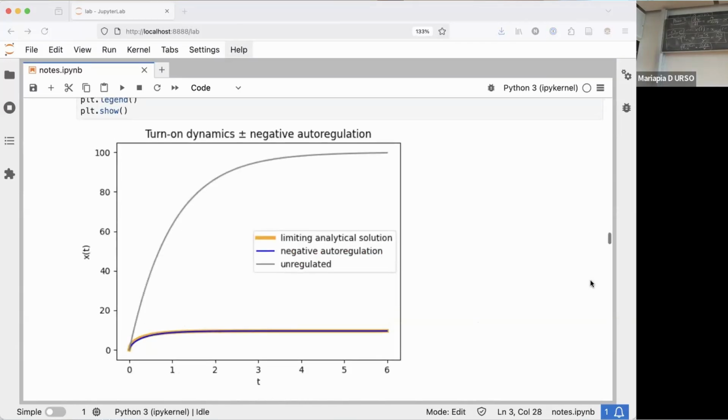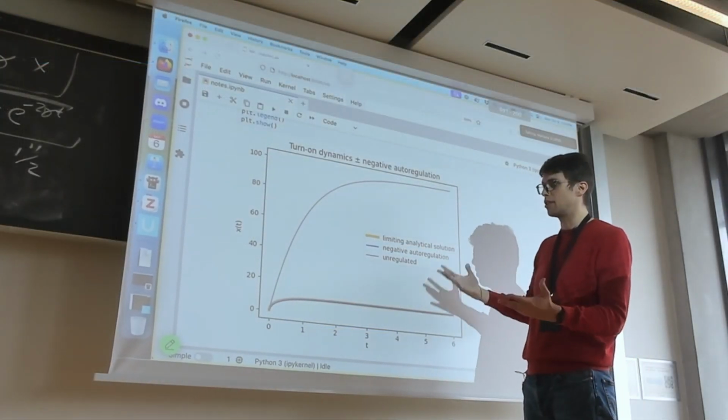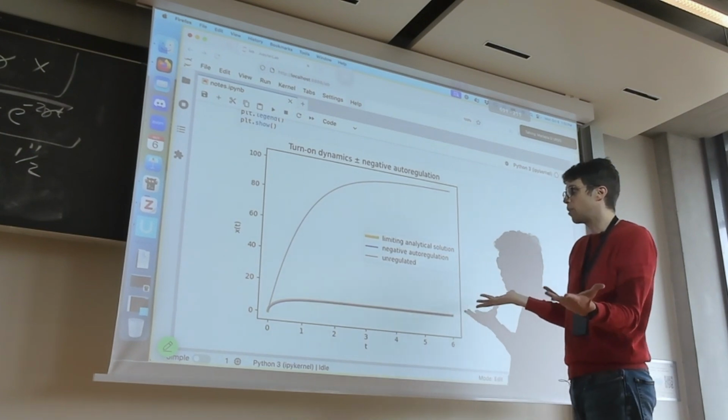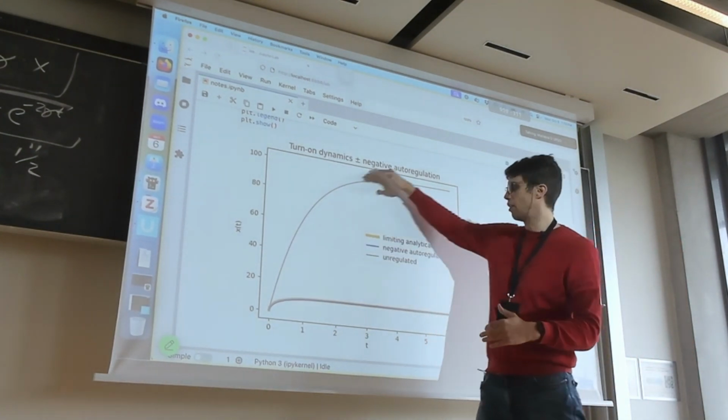So this is the first graph of regulated system versus non-regulated system. Again, here, there's our analytical solution, which is this here, and a negative autoregulated solution, which is the numerical integration of our original ODE, and here's the unregulated system.